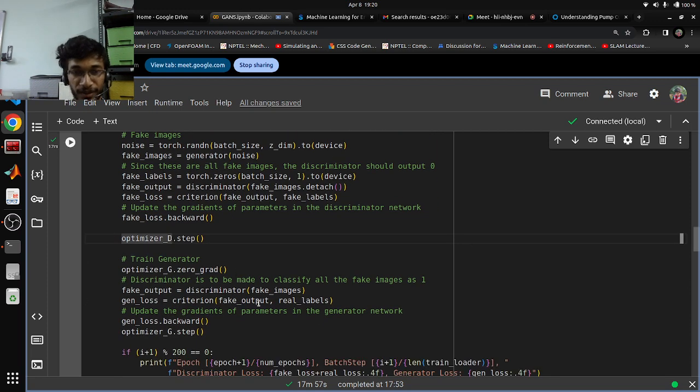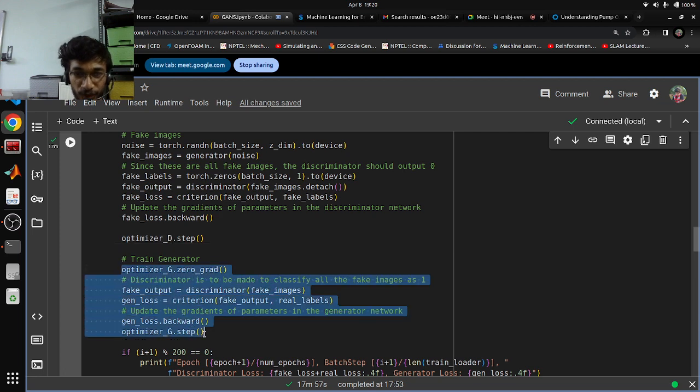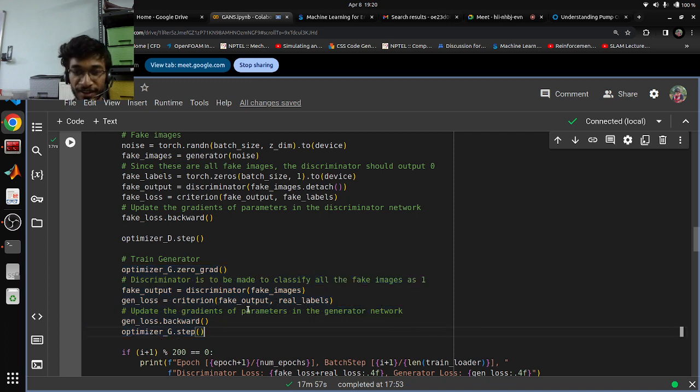Then, all of this is going to be for updating our generator's parameters. What the generator needs to do is get the discriminator to make a wrong judgment on whatever it generated, right?